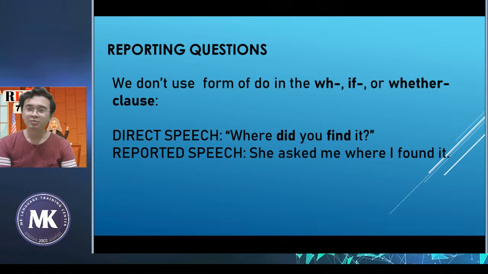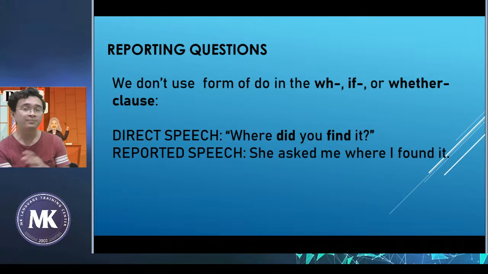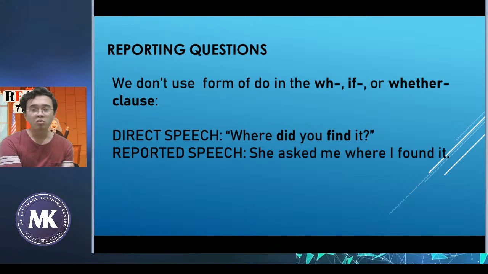And here for reporting questions, we don't use forms of do in the WH or if or whether clause. So if our direct speech has do forms or do verbs, and you want to change that into reported speech, then we'll need to remove the do form. For example, the direct speech is, "Where did you find it?" Now in this sentence, our do form here is did, right?